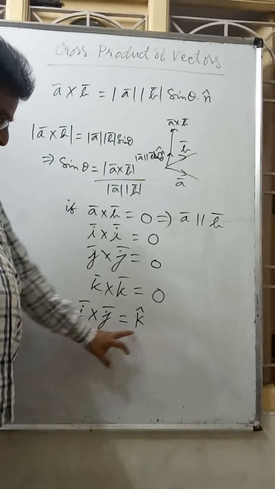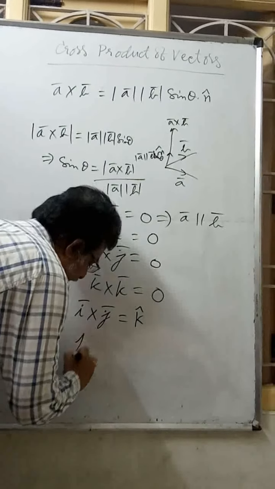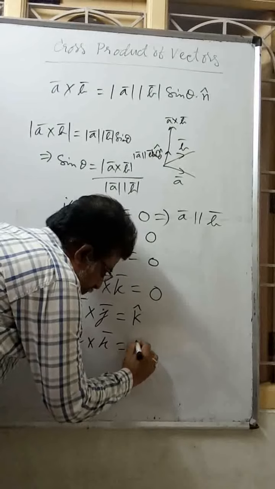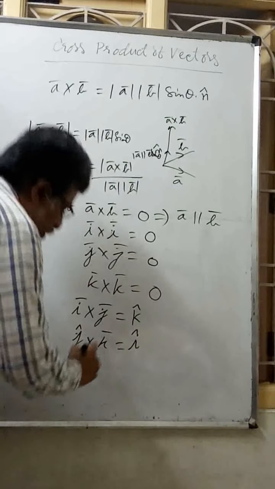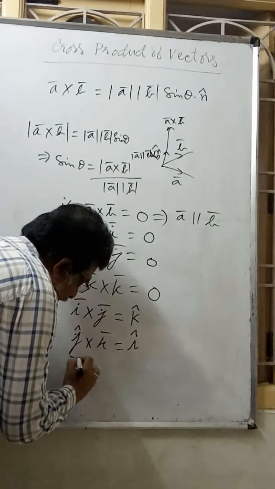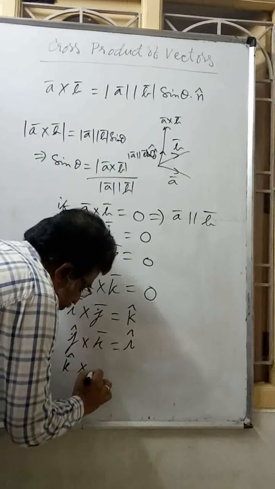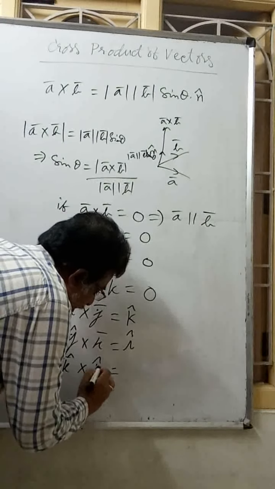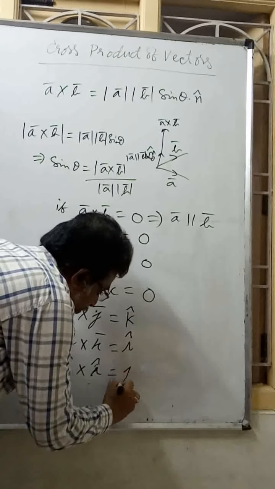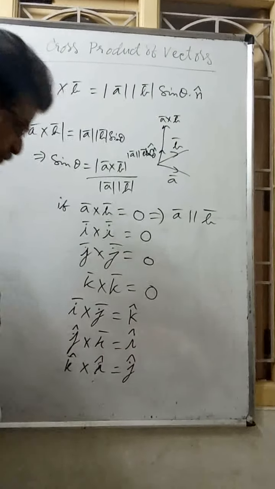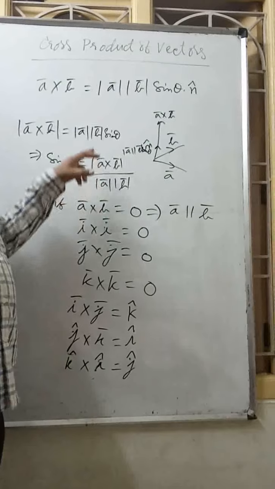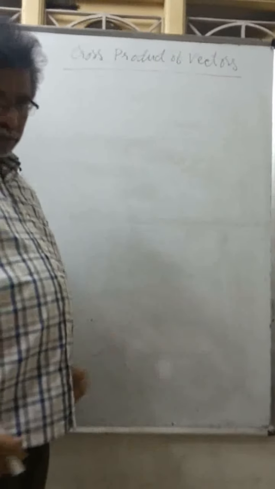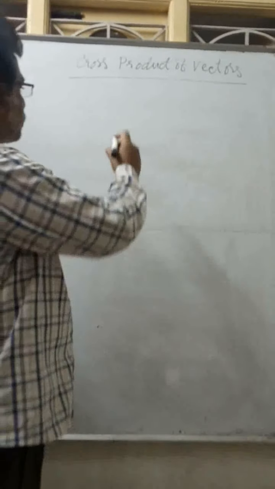Like j cross k equal to i cap. Next, k cross i equal to j cap.